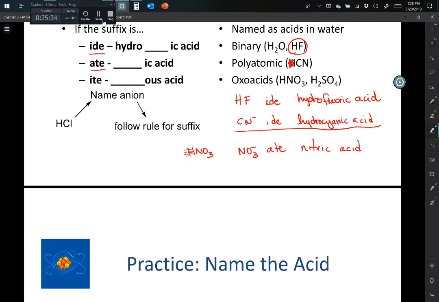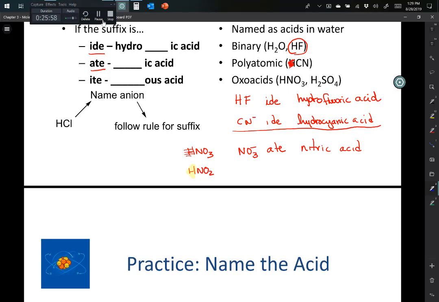Then we're going to practice these. Let's do HNO2. Again, I'll just get rid of that part. I'll highlight it so it's not completely scratched out. So this is ATE nitrate, so this is what? Nitrite, right?